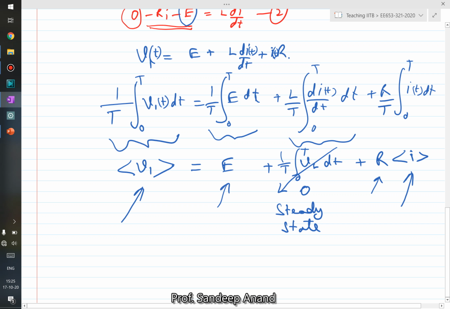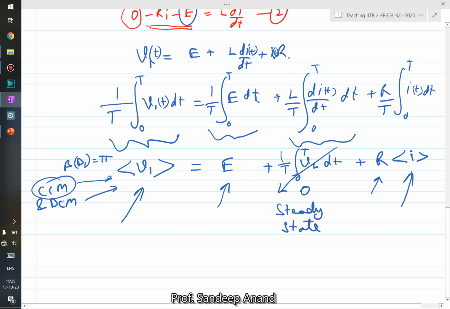You can apply this in both CCM and DCM. The only thing is that in CCM, finding the average value of V is much simpler, because you know how the voltage waveform is. But in DCM, it is a function of the angle gamma. In CCM, you know beta for diode D1 is nothing but equal to pi. So at pi, the diode stops conducting, right?